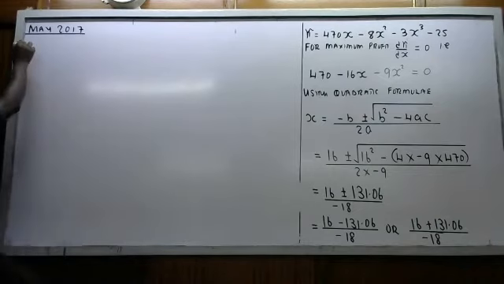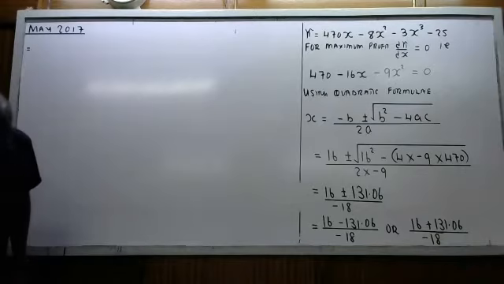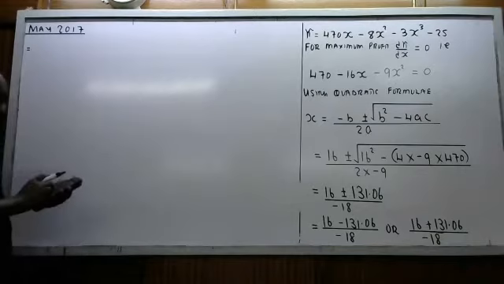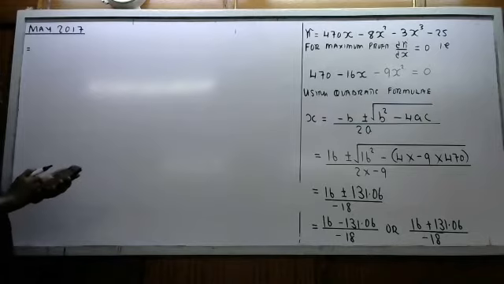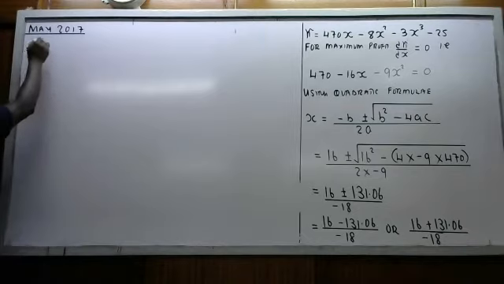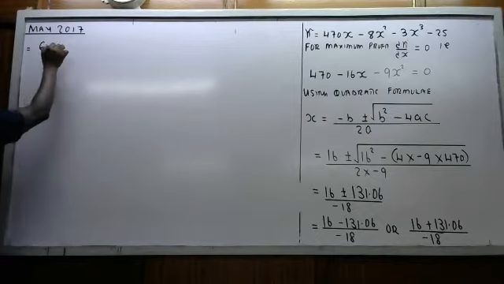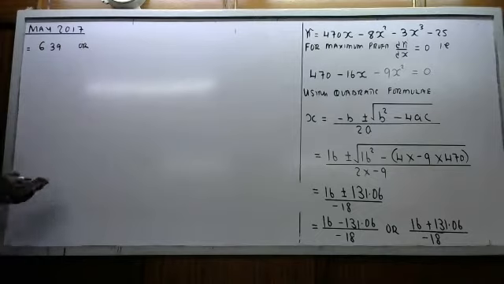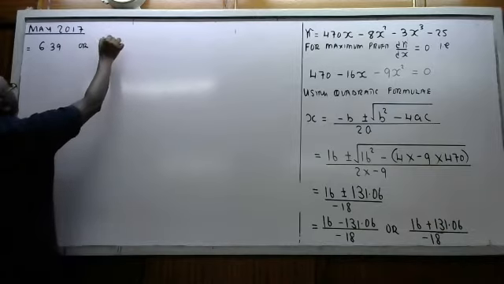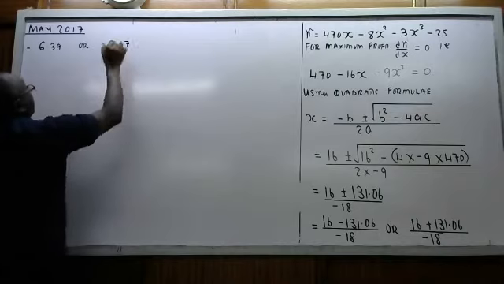If I say 16 minus 1.06 divided by minus 18, I have 6.39, or 16 plus 1.06 divided by minus 18 is minus 8.17.